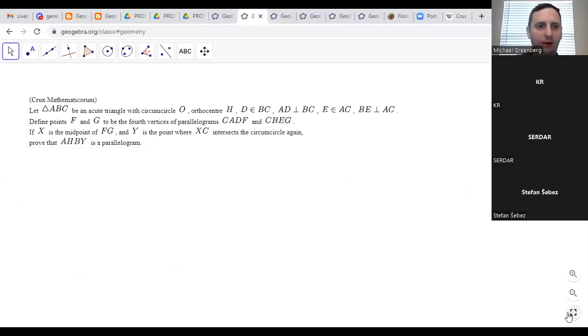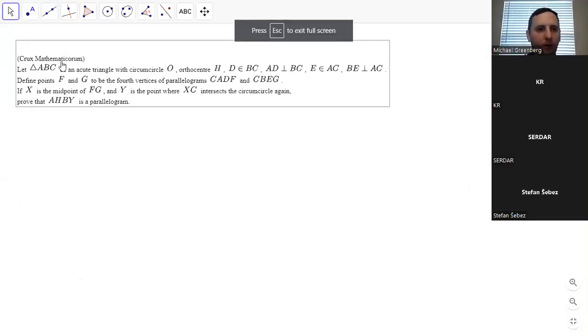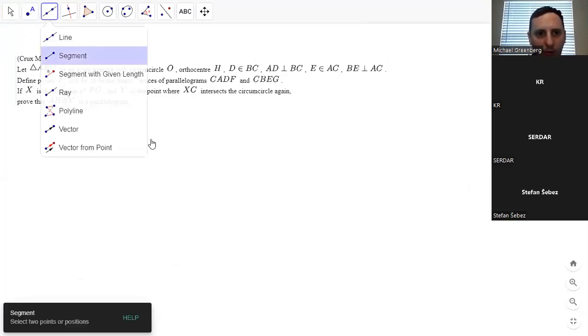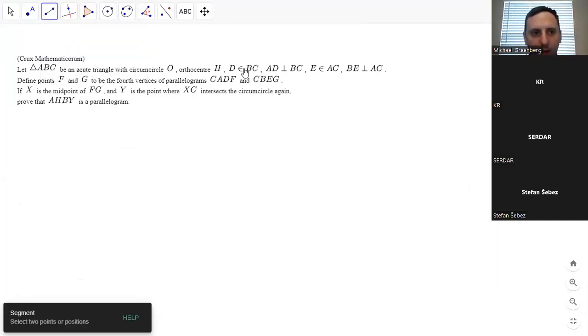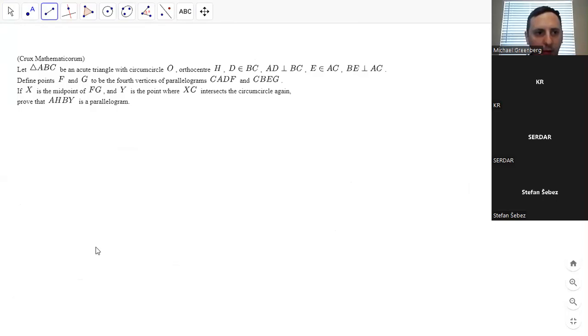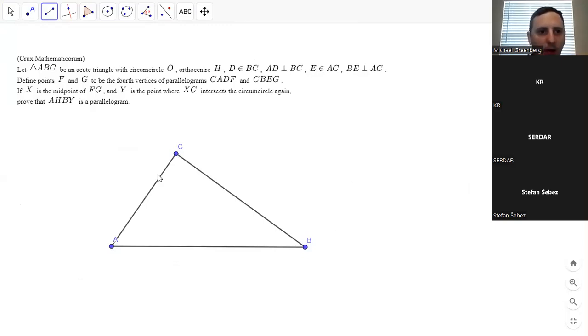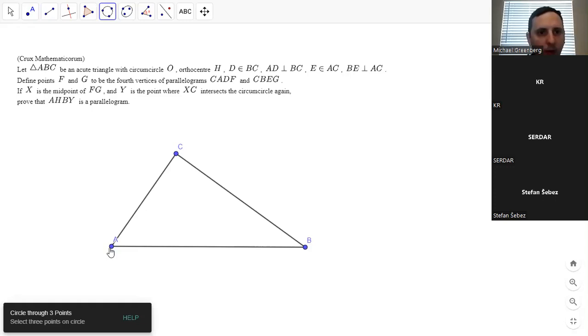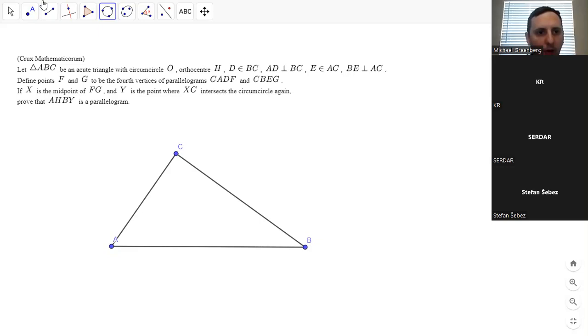All right, so here's the next problem. ABC is a triangle with circumcircle O, orthocenter H. Let's see, we have BC and AC. So I think we want C to be the point at the top, the way they make this problem. Okay, so let's draw the circumcircle. Do we use point O in the problem? I don't think so. I'm not even going to draw O because I don't think it gets used.